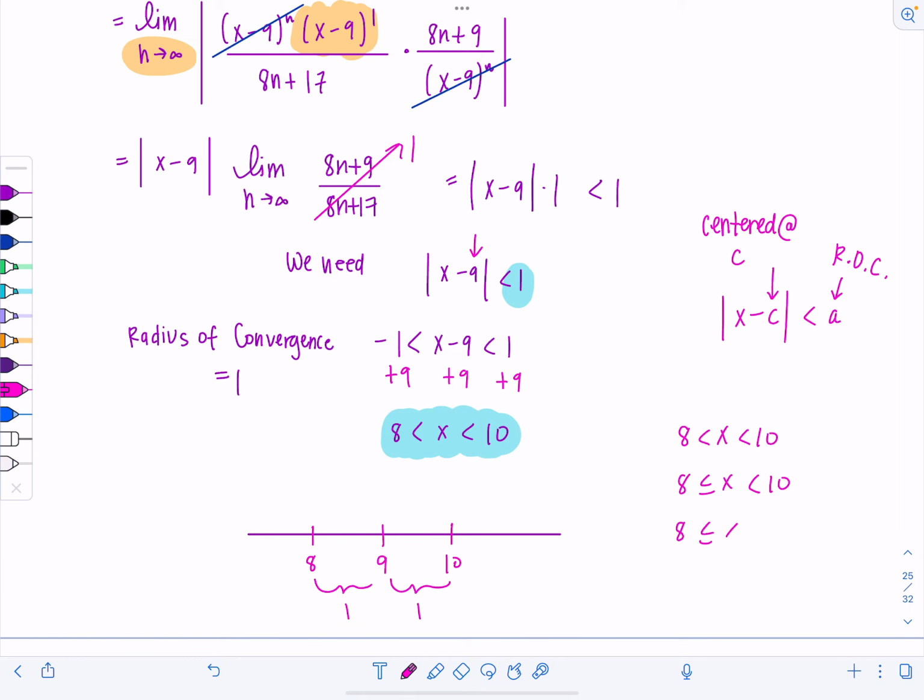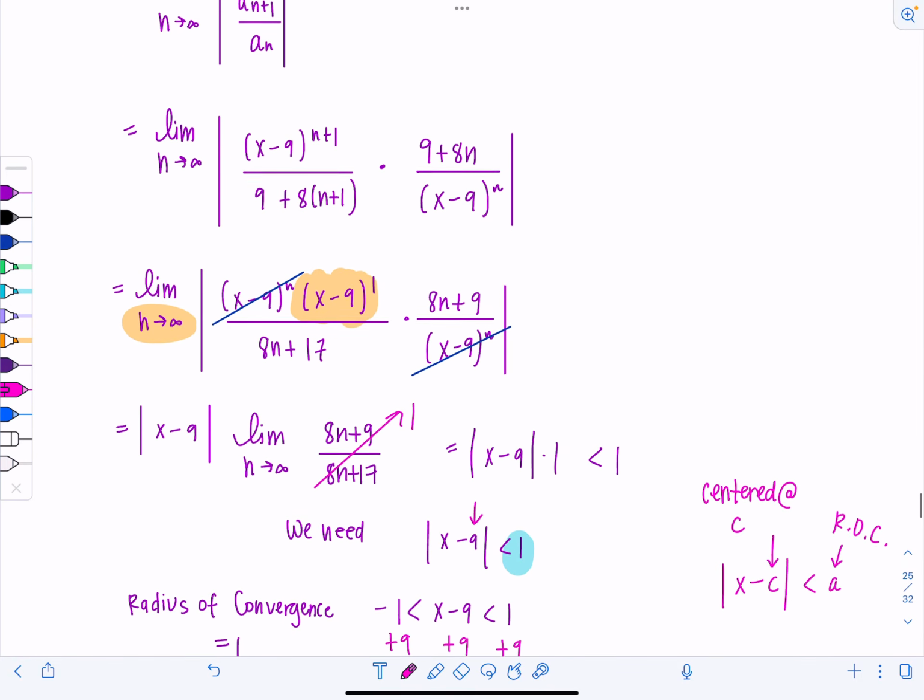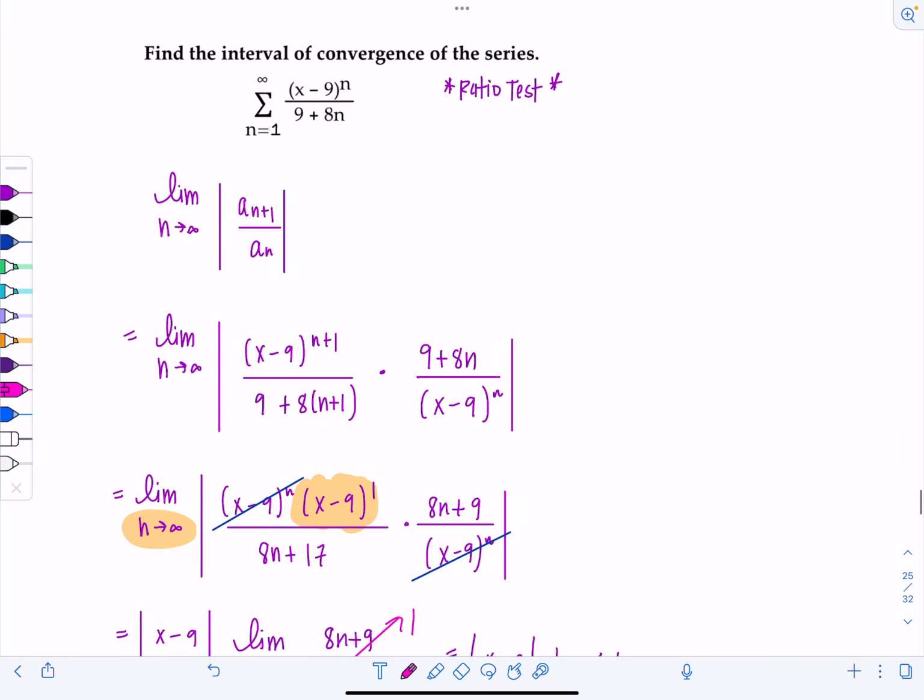It could include both, or it could include 10 and not 8. So which one is it? You have to do a test for each of the endpoints. Which test? Whichever's appropriate. So let's go back to the original series, and then you plug in 8, and then you plug in 10 and test.